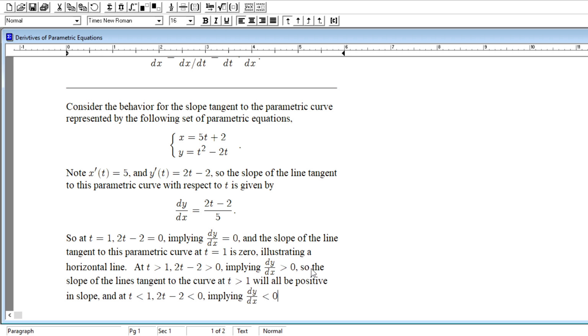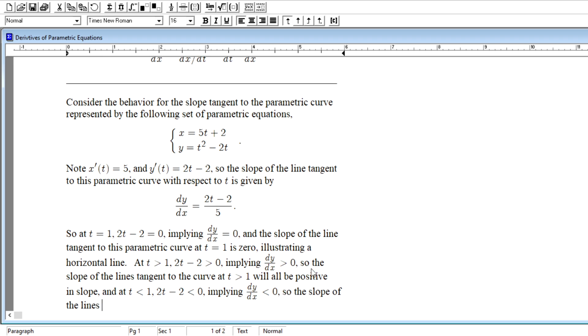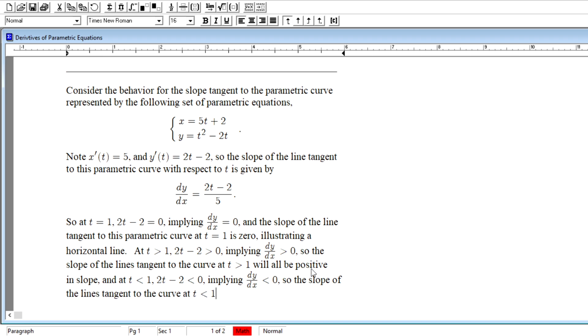So the slope of the lines tangent to the curve at t less than 1 will all be negative in slope.